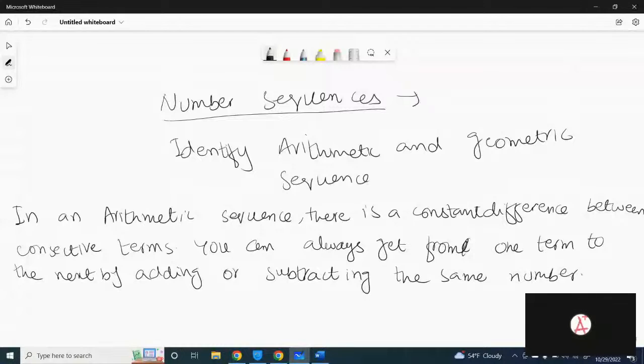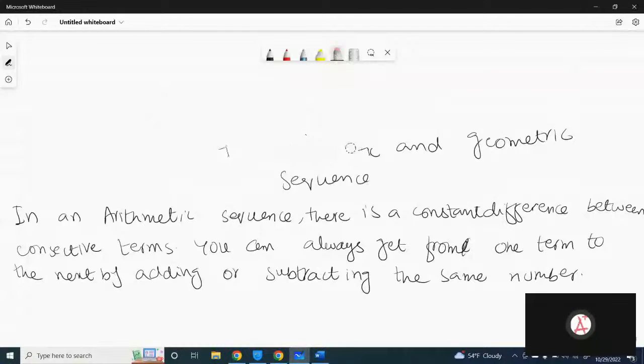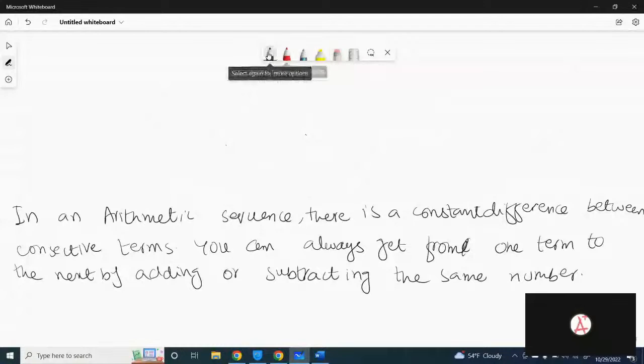Then I'm going to write the other one, that is for the geometric sequence. Okay, this one is for arithmetic sequence, and the next one is for geometric sequence.